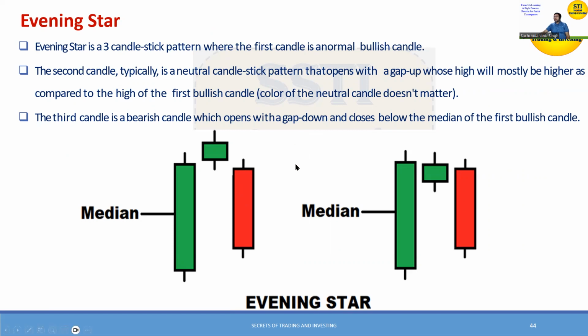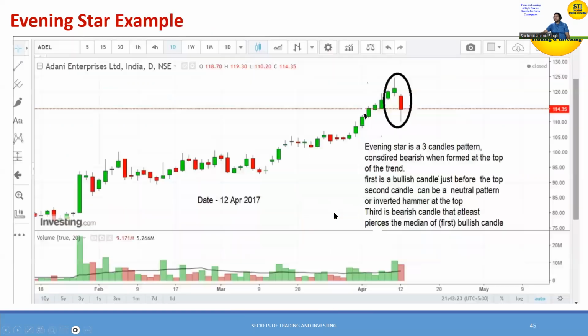Price is going to go down once you observe such a pattern at the top of any stock. Look at maybe something like this one. Okay, so this is the first candle, this is the second, which has a smaller body, and the third one. And I believe this is the Adani example one more time. Then from there, the stock price is most likely to go down.